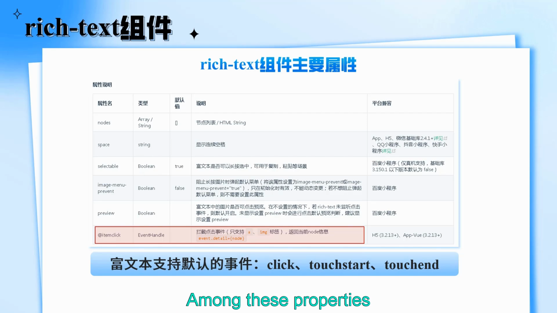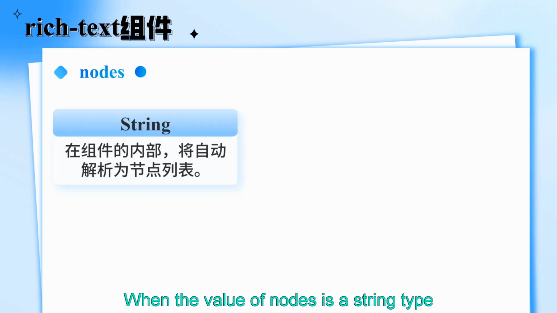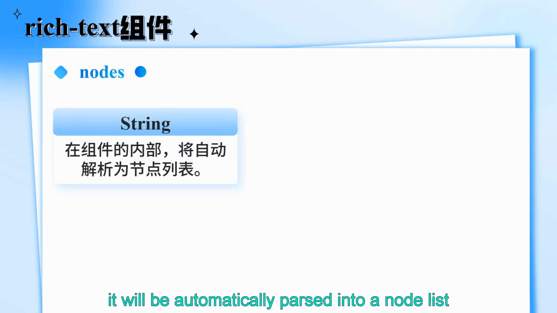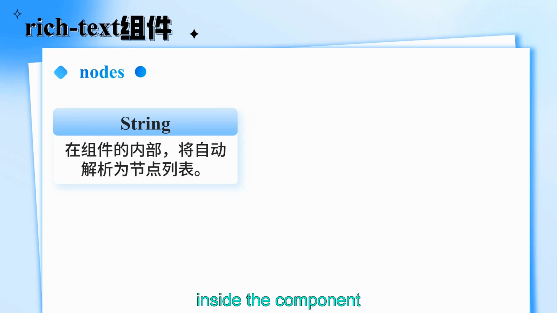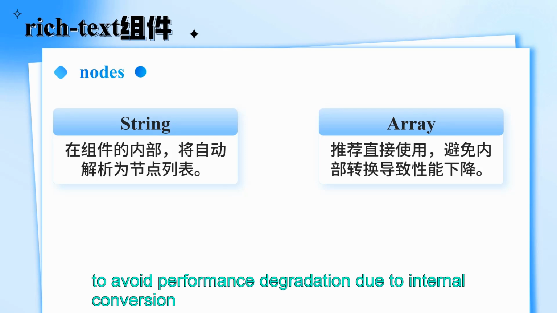Among these properties, the nodes property is the most important. When the value of nodes is a string type, it will be automatically parsed into a node list inside the component. Generally, it's recommended to use the array type, to avoid performance degradation due to internal conversion.